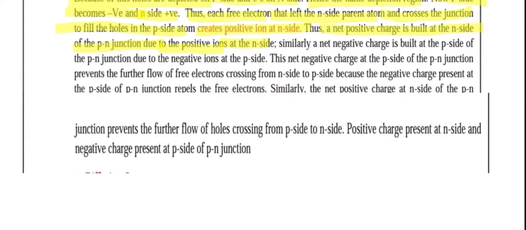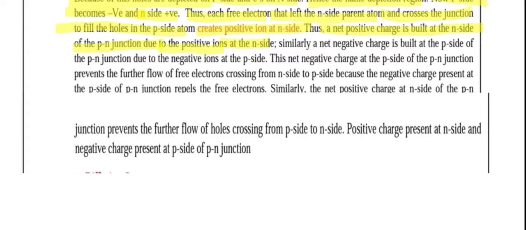Similarly, a net negative charge is built at the p side of the p-n junction due to the negative ions at the p side. So this net negative charge at the p side of a p-n junction prevents the further flow of free electrons crossing from the n side to the p side, because the negative charge present at the p side repels the free electrons.